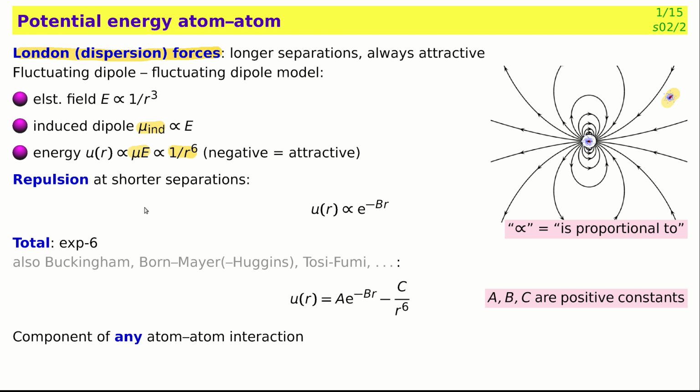At very short separations, atoms repel each other. That's because of essentially the Pauli exclusion principle. We cannot have two orbitals very close together. The electrons would overlap.